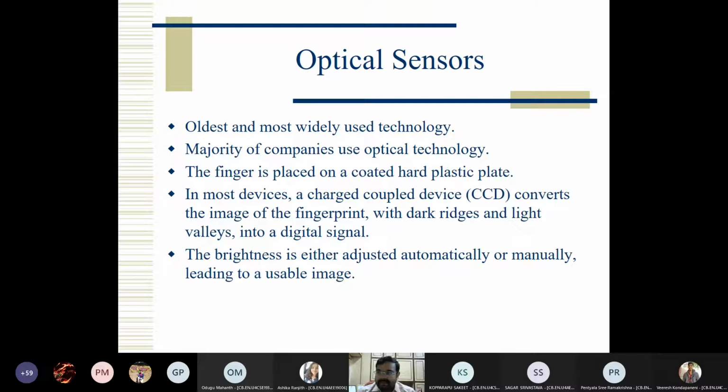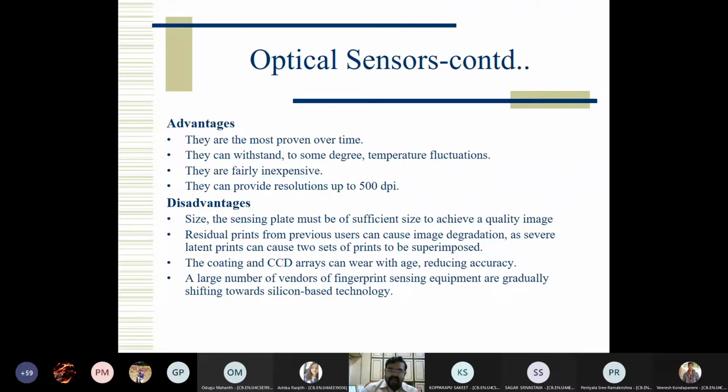Depending upon the pattern on your finger, the ridges or lines or minutiae, a digital signal comes. It is basically an image that is stored, and then the image is retrieved when you want to check.